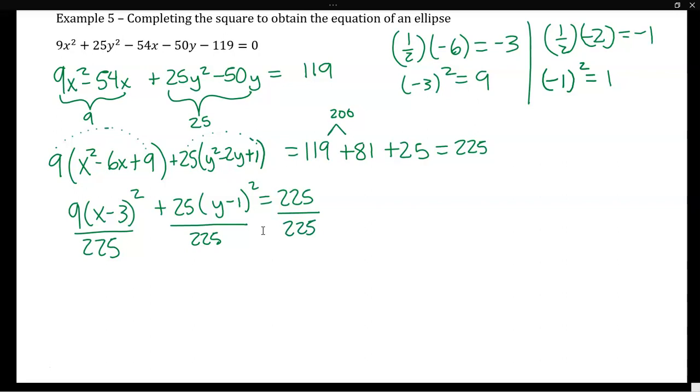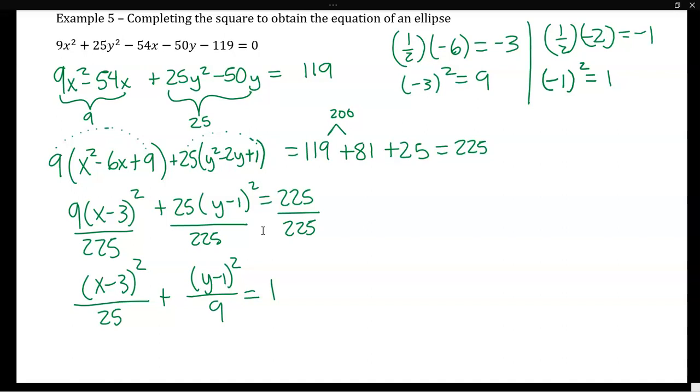And so 9 divided by 225 is going to simplify to be 1 over 25, and then 25 divided by 225 conveniently is going to simplify to be 1 over 9. So (x minus 3) squared divided by 25 plus (y minus 1) squared divided by 9 equals 1.